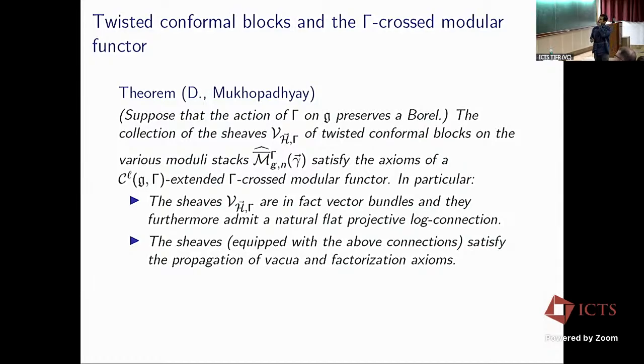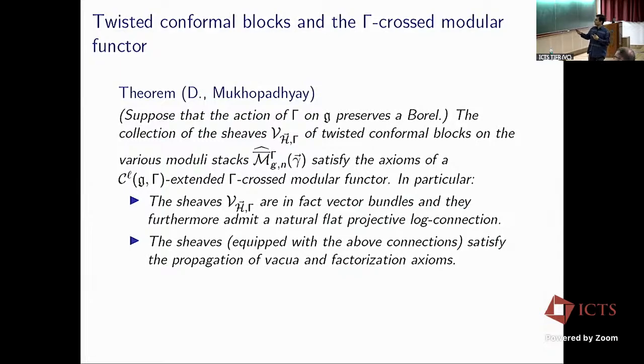Okay, so here basically, parts of these results were proved by Jiuzhu, Hong, and Kumar. For example, the factorization and the connection on the open part, and the factorization, and this propagation of vacua.